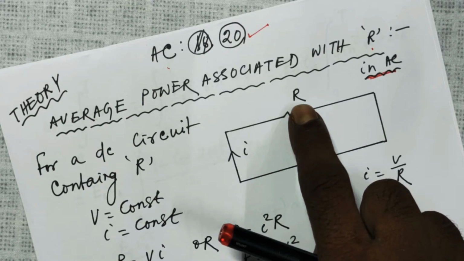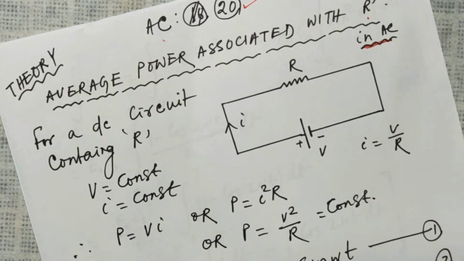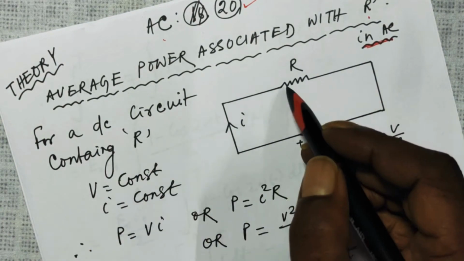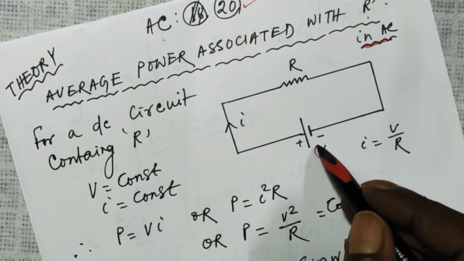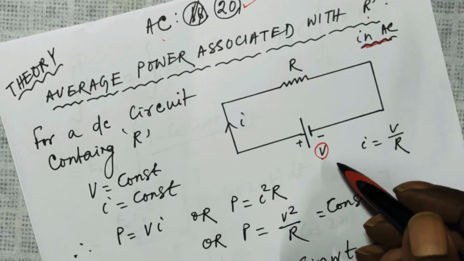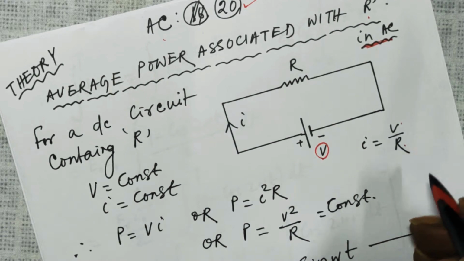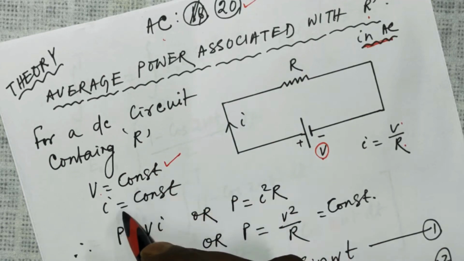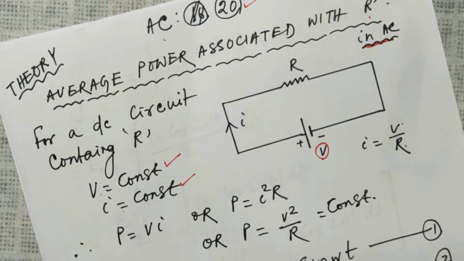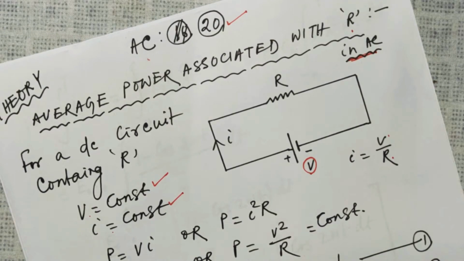When a pure resistance is connected to a direct DC voltage, for a DC circuit containing resistance, this is the voltage, constant in magnitude like your battery, and the current will be V over R. And we know in a DC circuit, V remains constant, I remains constant, means they don't change with time. So there is not much botheration to find out the power.